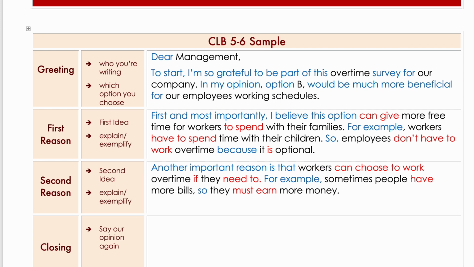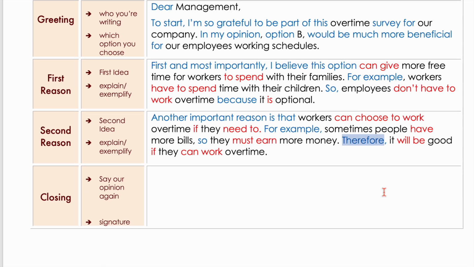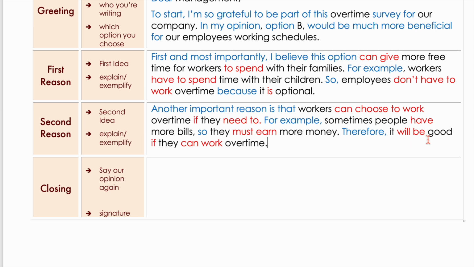That's true. And now let's explain back to the topic. Therefore. So this therefore, it's the same meaning as so. We can put so here. There's not a problem. For 5, 6, there's not a problem to put so again. I'm just giving you another word that you can use, okay? Therefore, it will be good if they can work overtime. Okay, so we're talking about workers here.